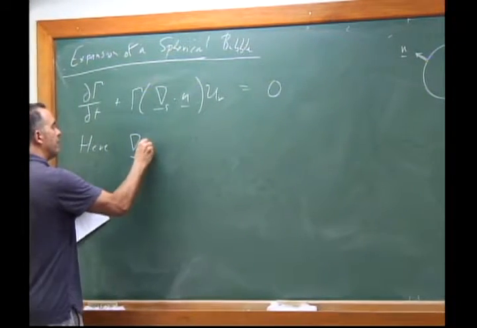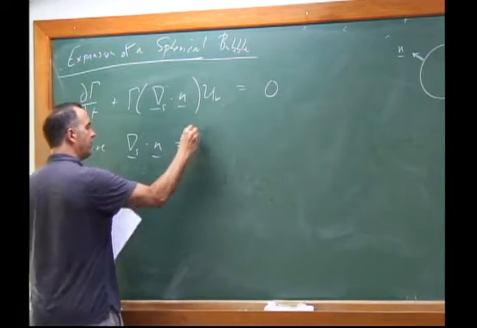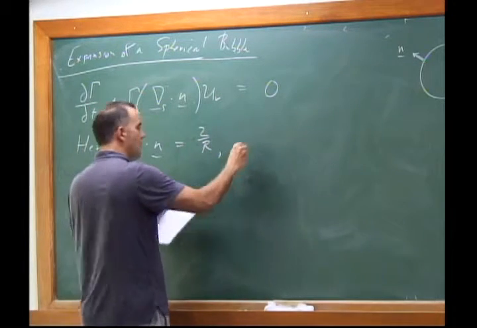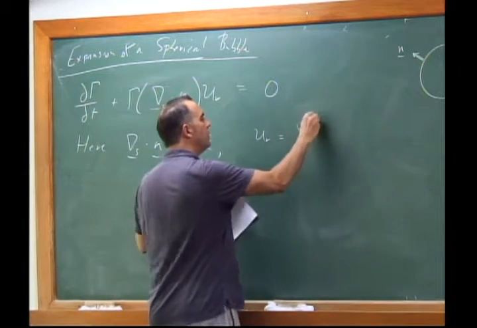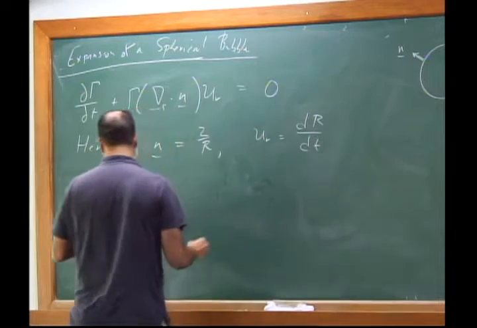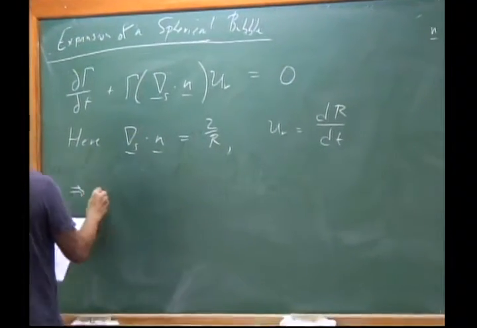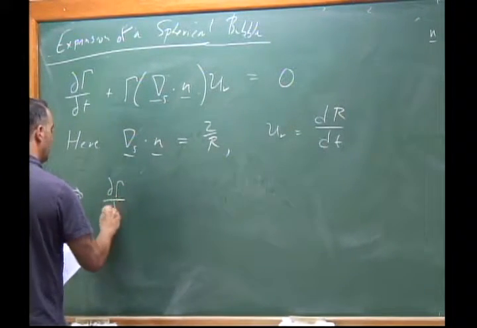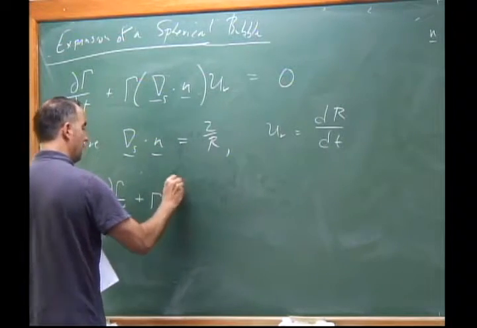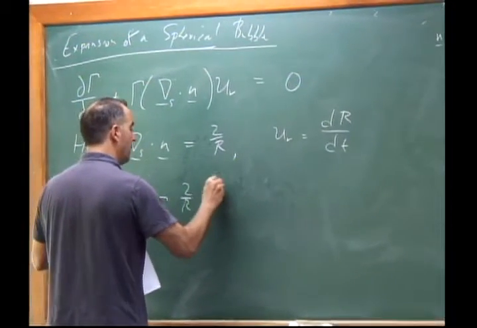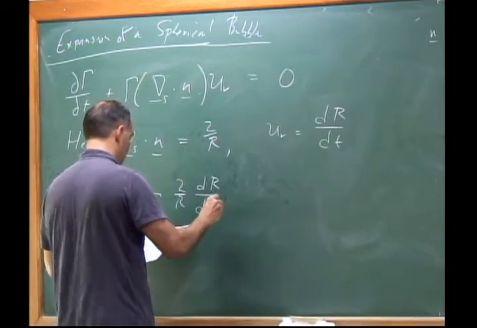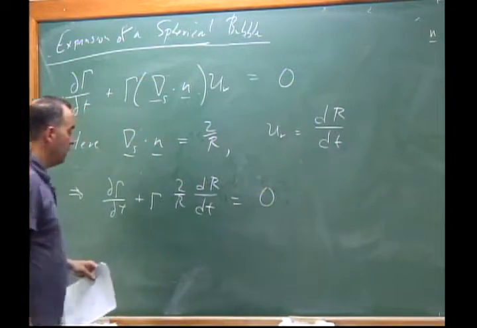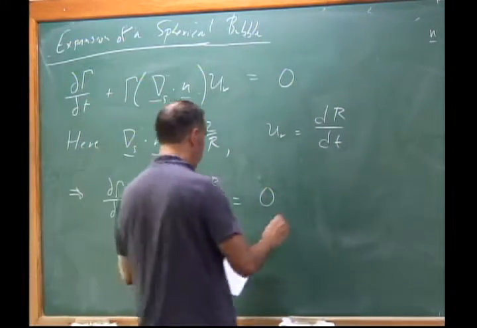So the divergence of the normal for a sphere we've seen before is just 2 over r, and we know ur is dr dt. So we get this, which we can solve.